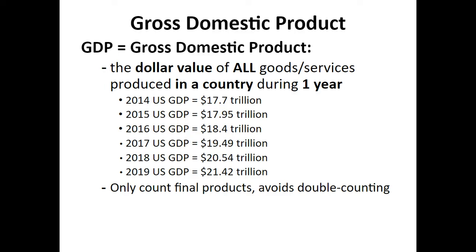Those costs are not included in GDP, even though those are sometimes produced in this country, because they are added into the final cost of the phone. So they only count the final cost of the phone, so they don't double count, or else the number will get skewed.